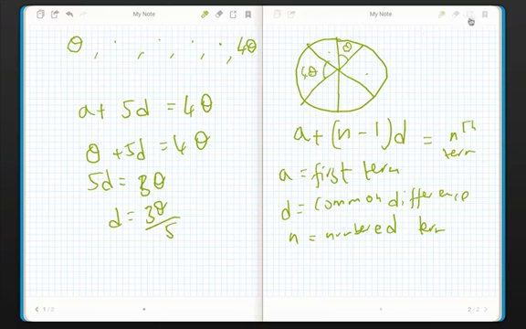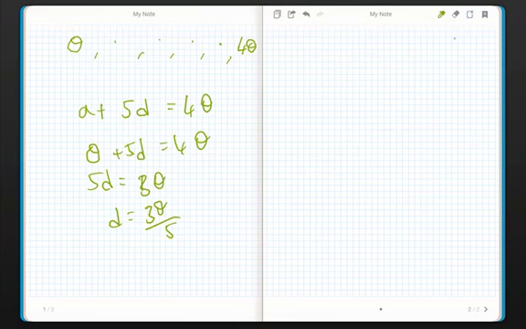Now, I hope you've taken this down. I'm going to clear this page. Now we can find all these terms. The first term is theta.